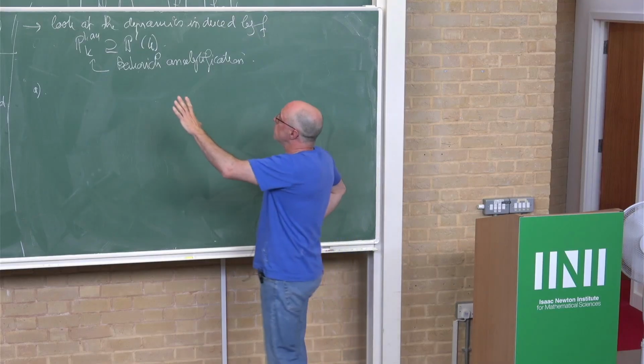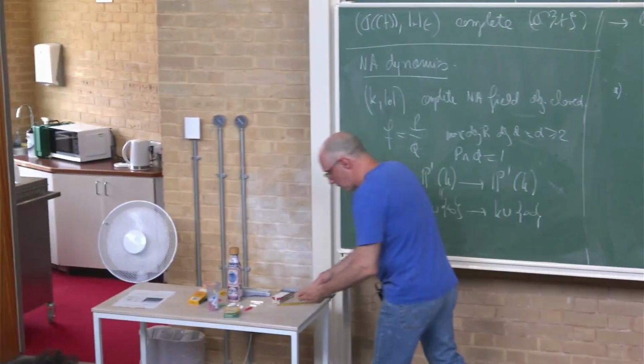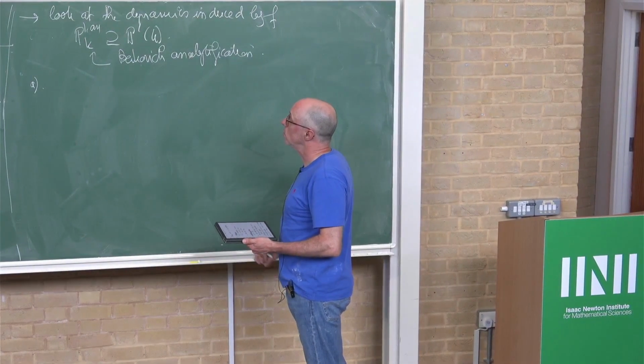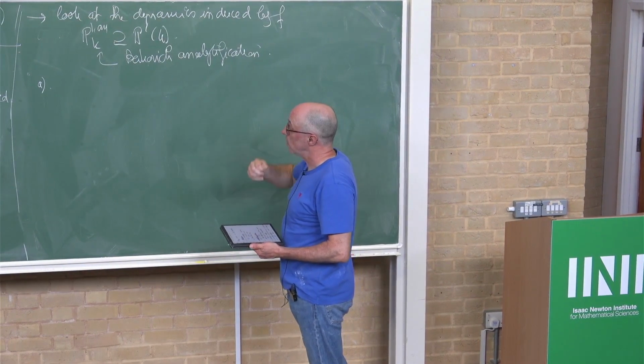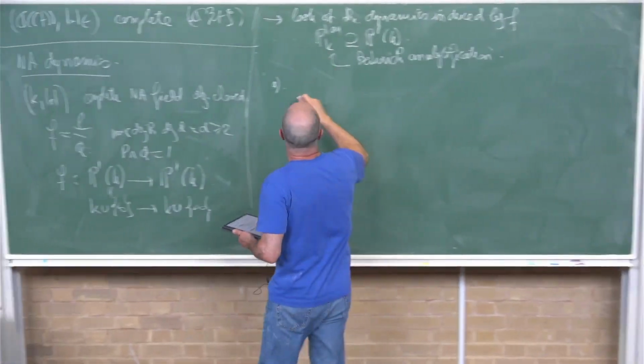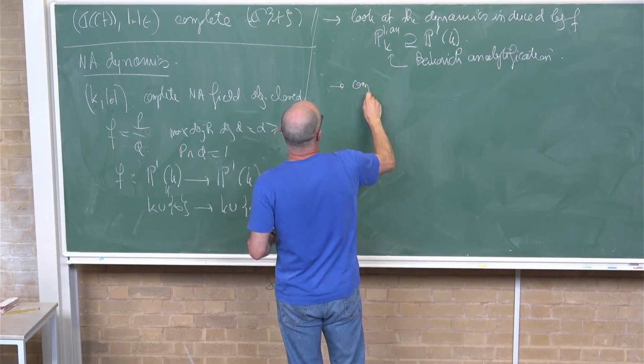I'm not going to describe very formally what this is, but I'm going to tell you how to actually make computations in this space. Still, the Berkovich analytification is compact.